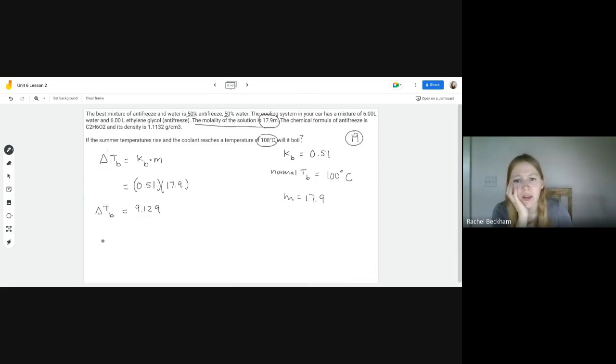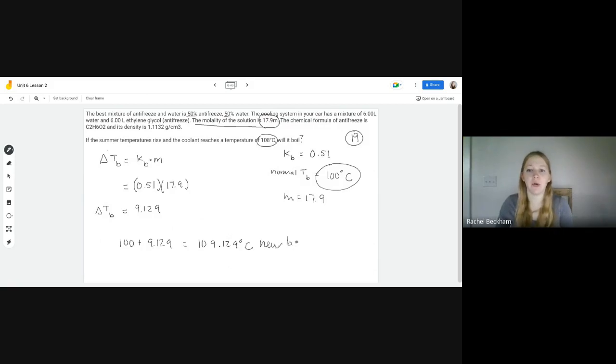So normally the boiling point is 100 degrees C. When you mix something in, the boiling point changes, and this is a positive number. So we're going to do 100 plus 9.129 rather than minus. For boiling, you're going to add them. For freezing, you're going to subtract them. So the new boiling point is 109.129 degrees C. This is the new boiling temperature.